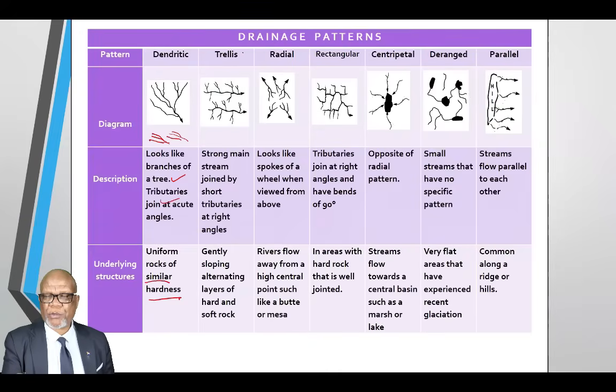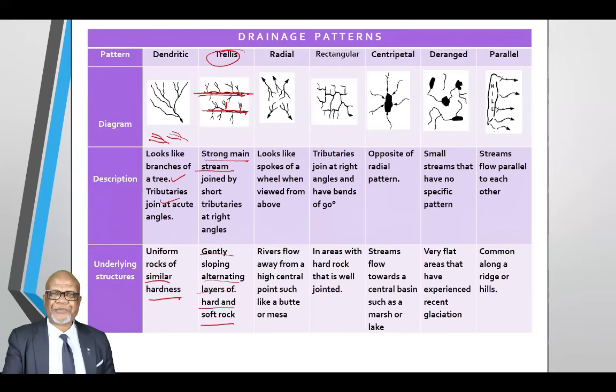Then you have your trellis pattern. The characteristics of trellis pattern is that you have parallel main streams, and you have tributaries that are short, and they join the mainstream at 90 degrees. So where is it found? The underlying rock is gently sloping alternating layers of hard and soft rocks.